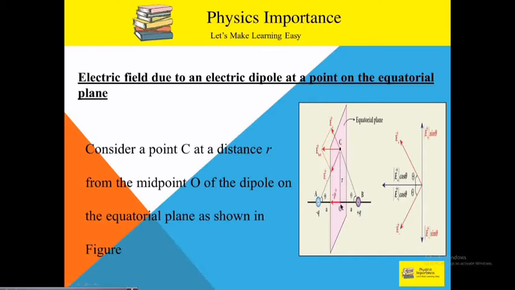Did we understand? In order to find the electric field at this particular point C, we have to draw a distance r from the midpoint O of the dipole. Now we can say this is the equatorial plane.